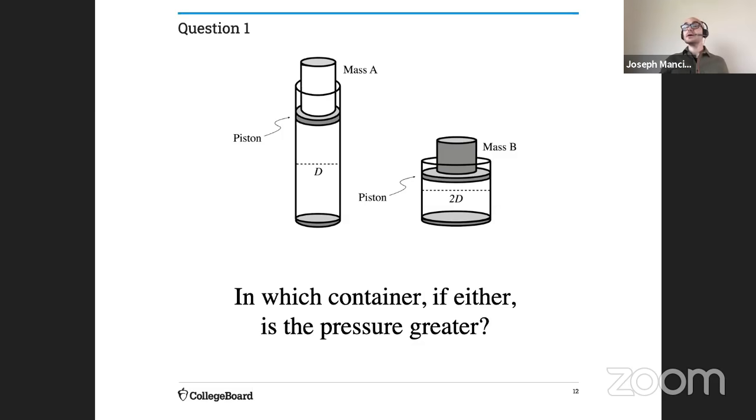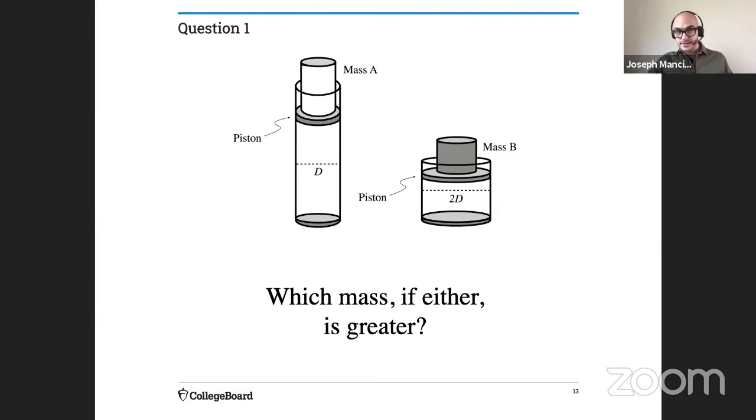So that was awesome. Those of you who wrote really good responses to that made a reference to the ideal gas law and pointed out that the pressure was the same in both containers, even caught on that the temperature was the same. So nice job there. Which mass is greater? Well, this took a little bit of doing.